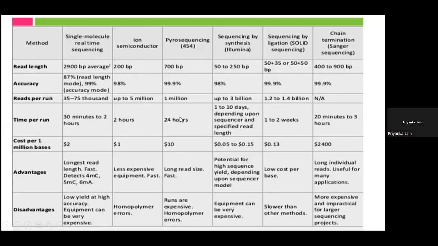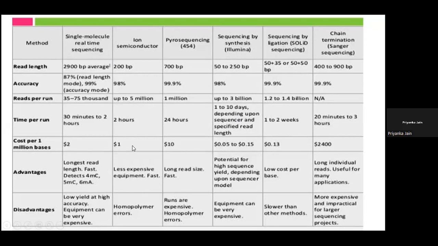Runtime, if you compare, takes 2 hours. Here it is discussing the Illumina sequencer HiSeq, which is the old model. The newer model NovaSeq is much faster in generating the reads. And if you compare it with the other oldest techniques, it's much slower.